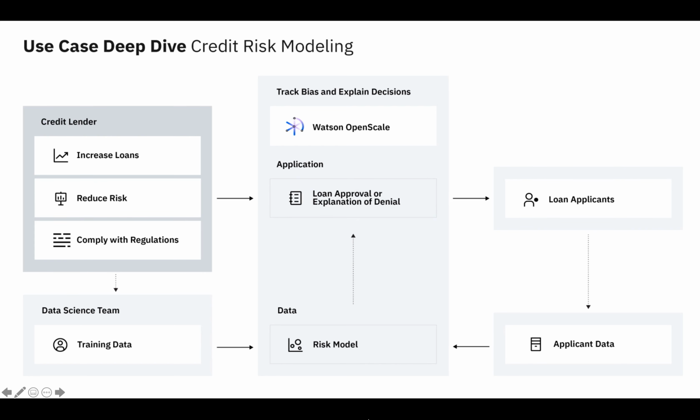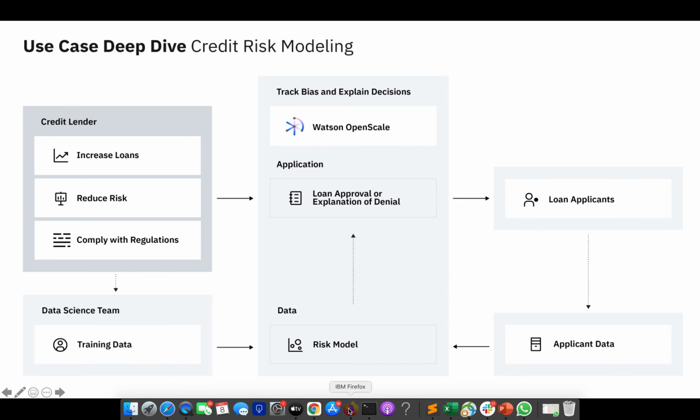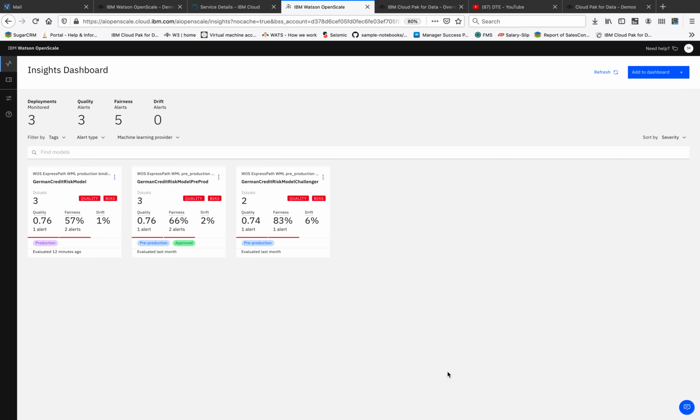So let's go to the main screen of Watson OpenScale here. I am in the Insights dashboard. Here I am monitoring multiple versions of the same credit risk model. One of the models is in production, and I have two other models which are in pre-production and approved for pre-production.